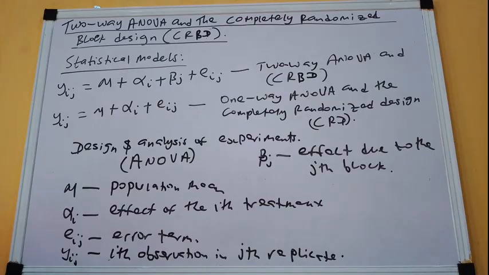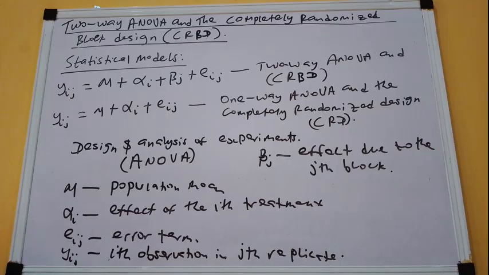In this design, the randomized complete block design, we set up an experiment or an experimental unit that is grouped. And this experimental unit that is grouped is called the blocks.